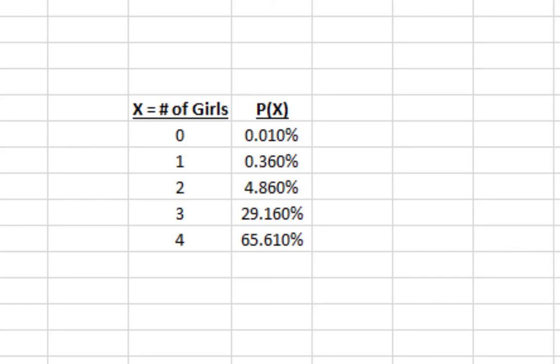So you can see that about 95% of the time, if you buy 4 pullets, you're going to be getting either 3 or 4 girls, which means you might run a chance of getting a boy. And of course, you're going to correctly tell me that there's always a chance you're going to get a rooster, but the chance of getting no roosters is shrinking exponentially. So you see, you get a lot of information from these distributions. 2 and 2, not very likely. 1 and 3 and 0 and 4, even less likely.